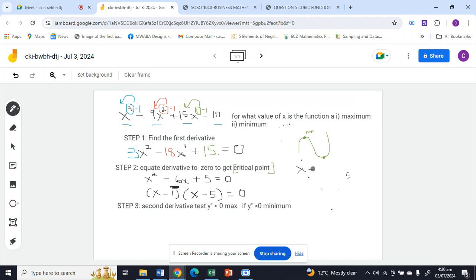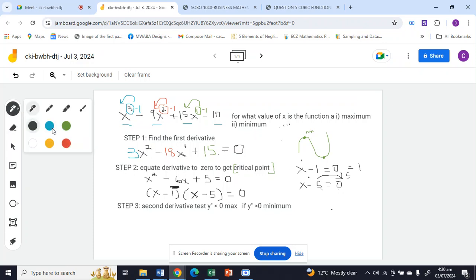x minus 1 equals 0. x minus 5 equals 0. So if you take -1 over the other side, it becomes +1. And if you take this -5 over the equal sign, it becomes +5.